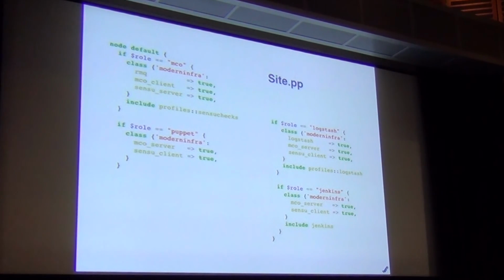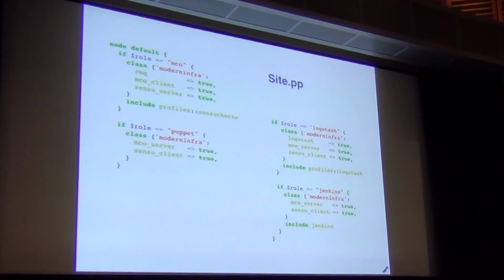You can just drop a file into the host as part of the initial spin up, and it'll tell it, say, role. And if you have that in there, then Puppet will send that fact to the master, and the master will say, hey, you're a role mcollective, you're a role Puppet master, you're a role Logstash server, or a Jenkins server. And from there, you can actually see what ends up happening.